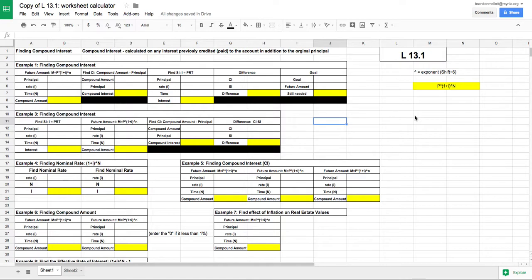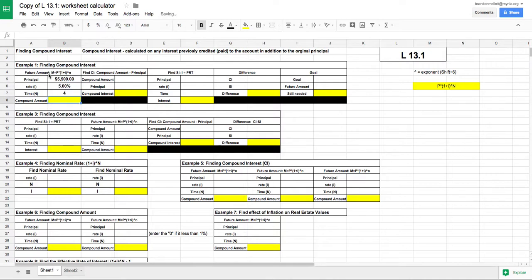Now we need to find the information about all this that they provide us. So they're looking to purchase a house, and the principal that they have is $5,500. They're looking to have a rate of 5%, and the time is over 4 years.